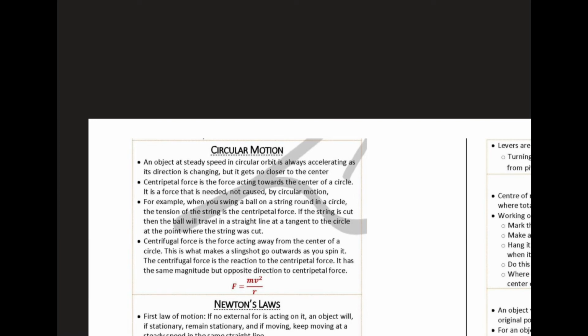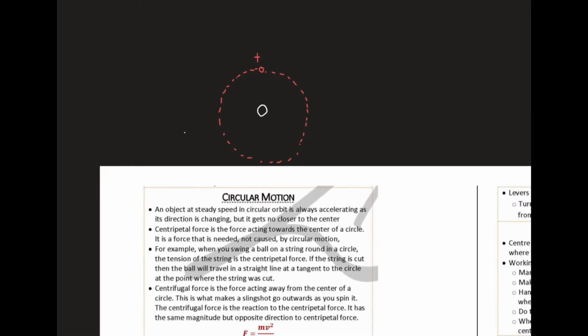Object in circular orbit. So let's say the sun and the earth. The earth is moving in circular motion around the sun. This one you should know already. You should have heard before. The red one is the earth. The white one is the sun.